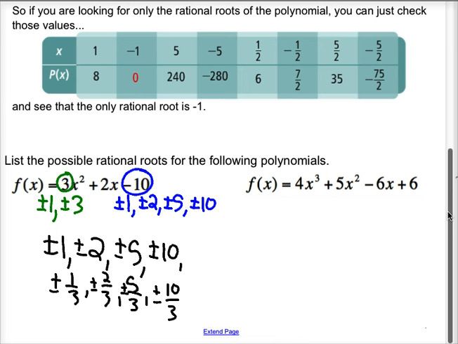So again, just taking every combination that you can of taking those from the list in the blue, dividing it by the list in the green.